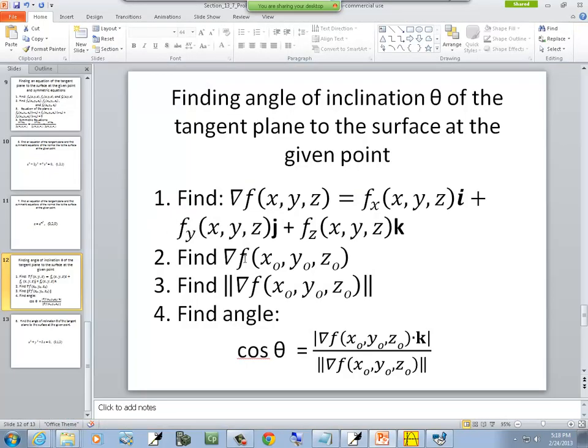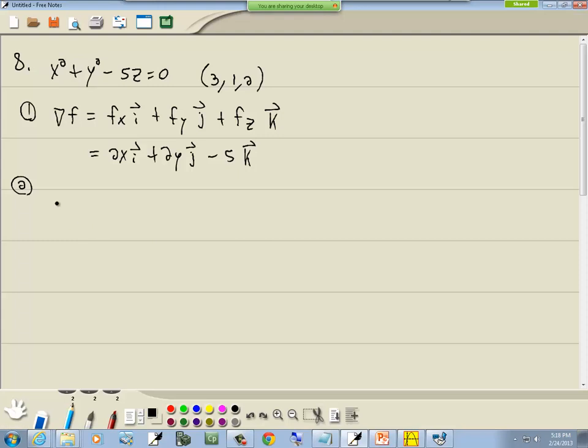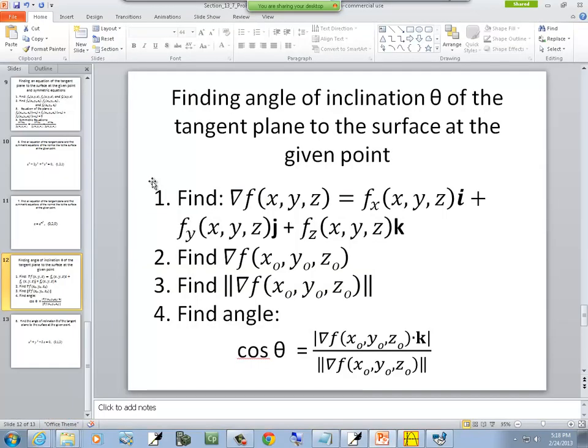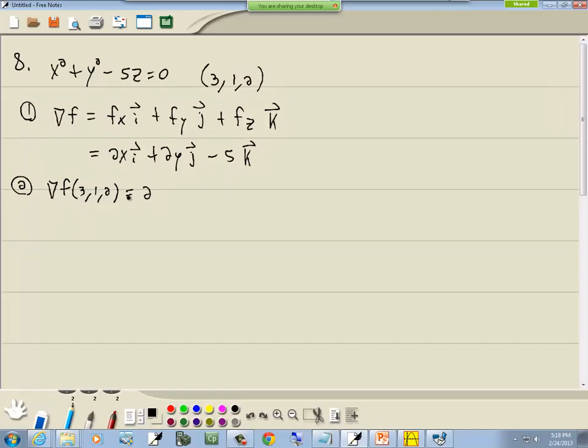Step 2, we want to plug our point in. So we'll plug in 3, 1, 2. So we're going to have 2, this is x, this is y, and this is z. So we'll have 2 times 3, i, plus 2 times 1, j. And there is nothing here for z, so, okay. So that gives us 6i plus 2j minus 5k.